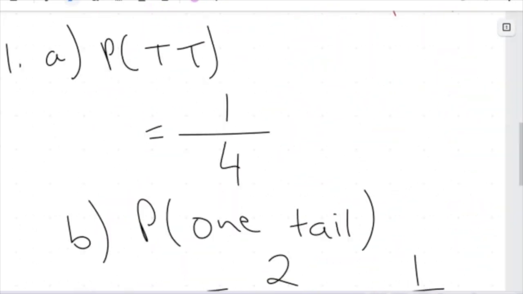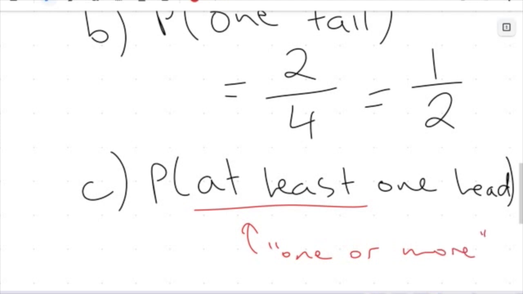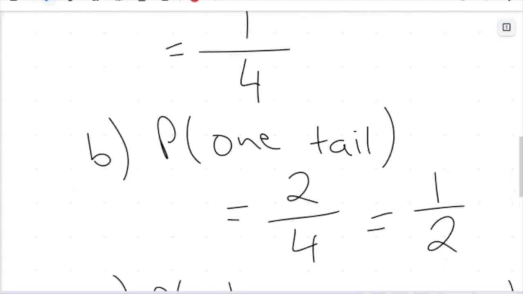Remember, we are looking at at least 1 head. So in other words, 1 or more heads. That is what our language here means.